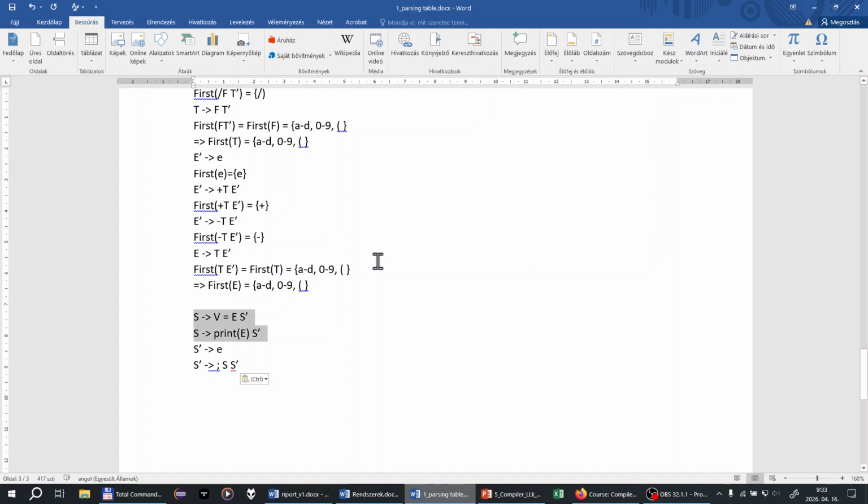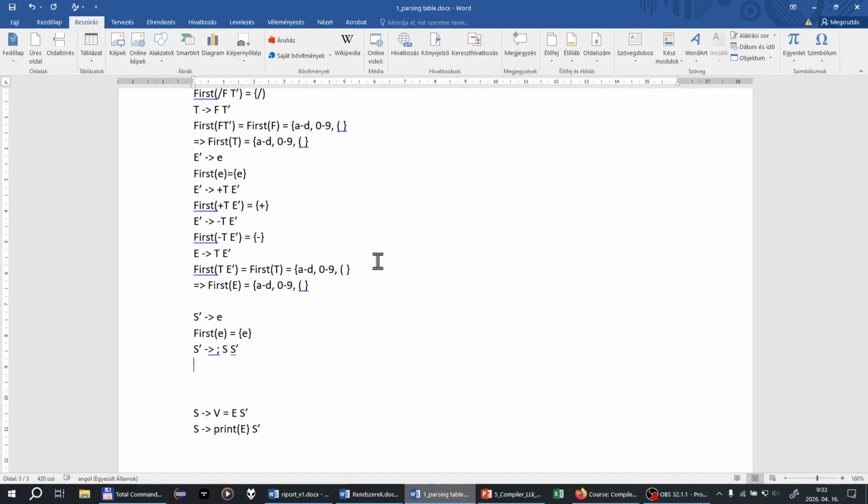Okay, let's see the S prime. First epsilon equals the set containing epsilon.